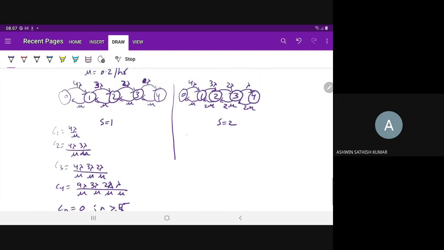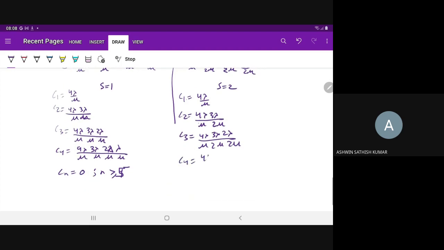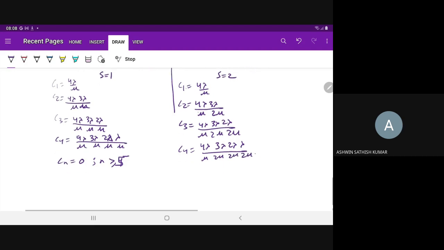For this case, C1 is equal to 4 lambda upon mu, C2 is equal to 4 lambda 3 lambda upon mu, 2 mu, C3 is equal to 4 lambda 3 lambda 2 lambda upon mu, 2 mu, 2 mu, and C4 is equal to 4 lambda 3 lambda 2 lambda lambda upon mu, 2 mu, 2 mu, and 2 mu.